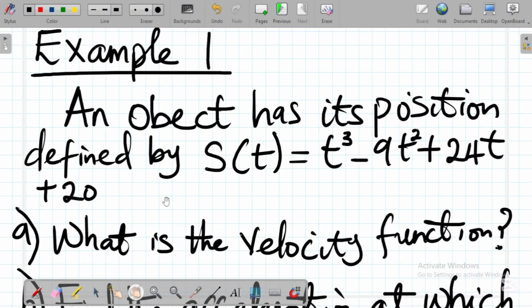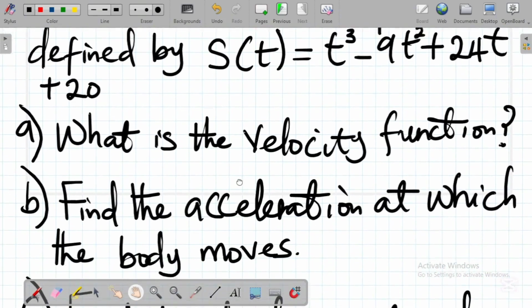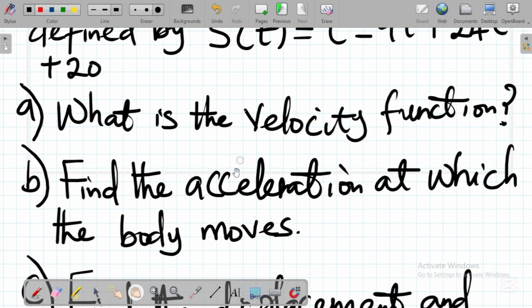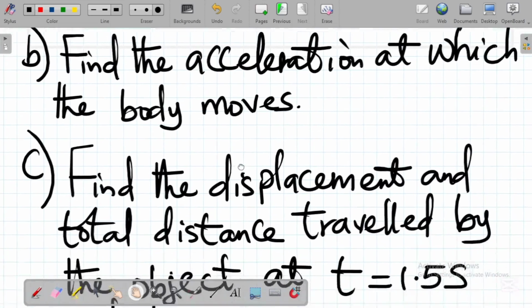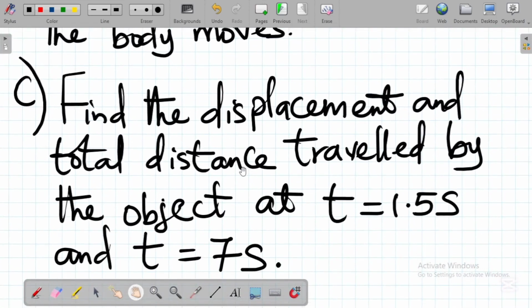An object has its position defined by s of t equals t raised to power 3 minus 9t raised to power 2 plus 24t plus 20. A. What is the velocity function? B. Find the acceleration at which the body moves. And then C. Find the displacement and total distance traveled by the object at t equals 1.5 seconds and t equals 7 seconds.